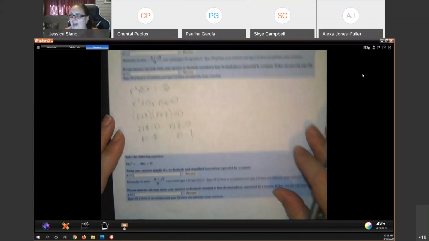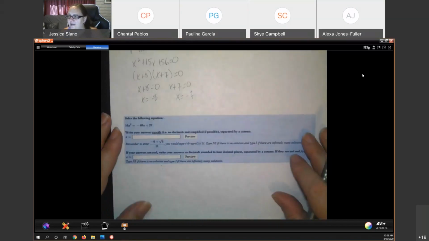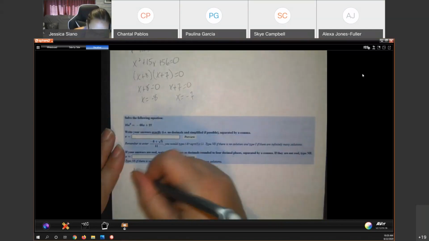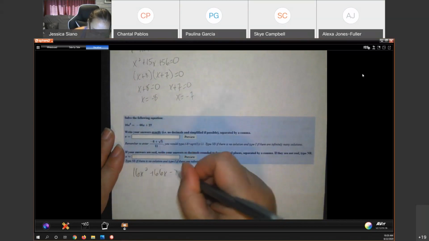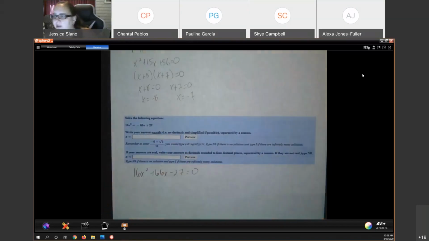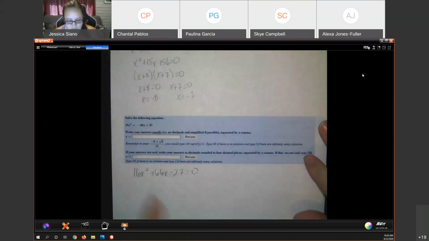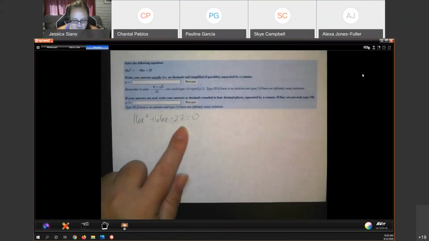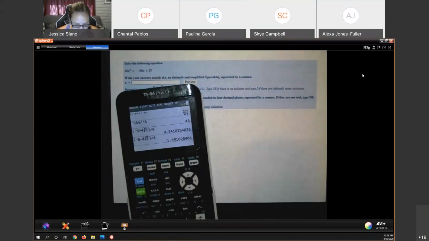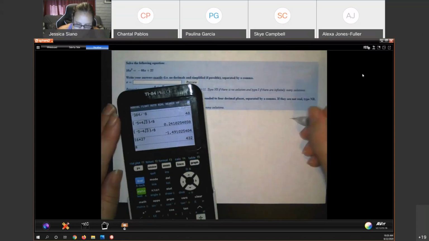Now, if you have a number in front of the x, then you're going to have to factor by grouping. So we're still going to get everything to one side. Now, to factor by grouping, we multiply a times c. So 16 times 27. And we get a number, negative 432.